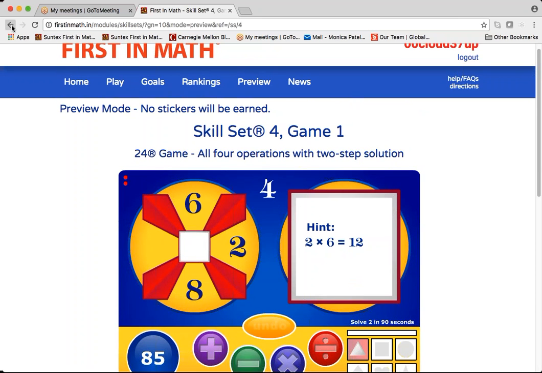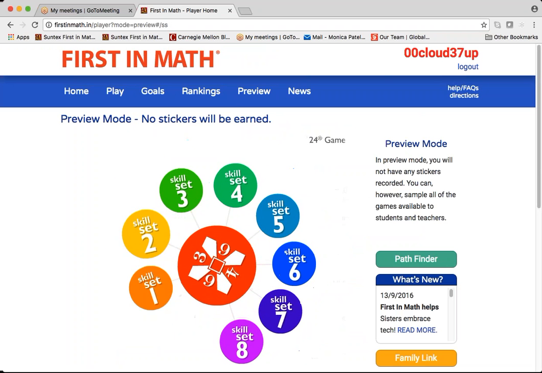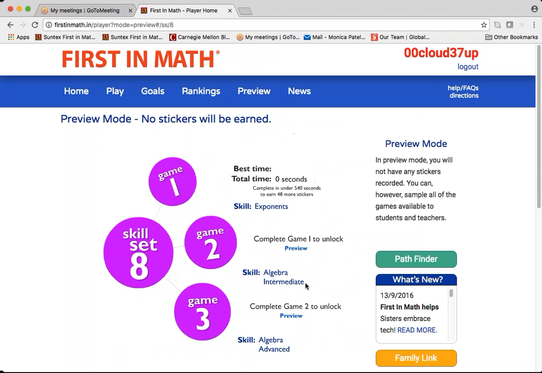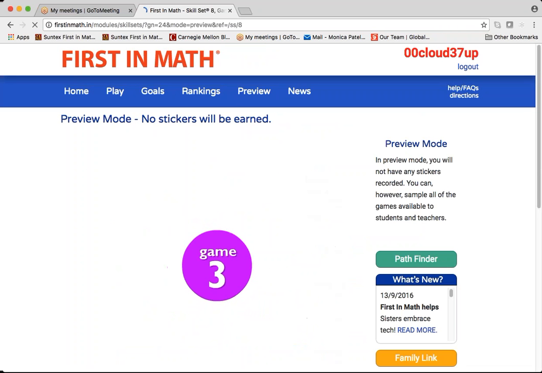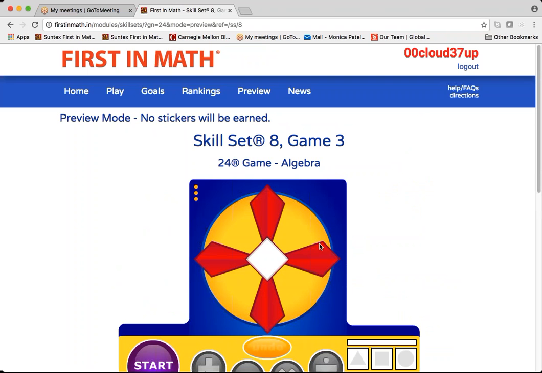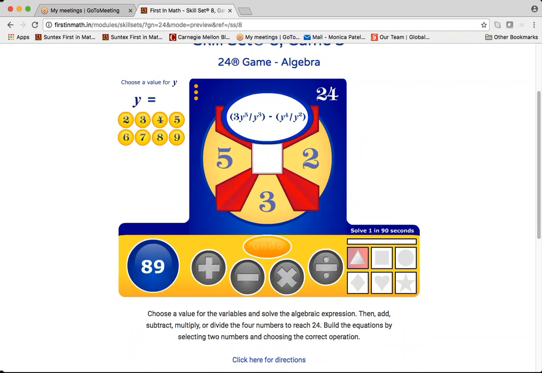And then skill set 8, game 1, allows us, or even you can show game 3, you don't need to solve it, but it allows us to convey the full extent of the rigor for those people who do not believe that games can have rigor. And you likely will run into that.